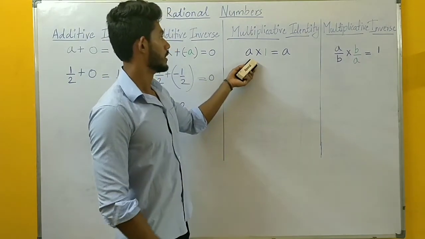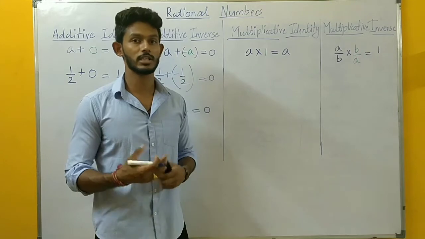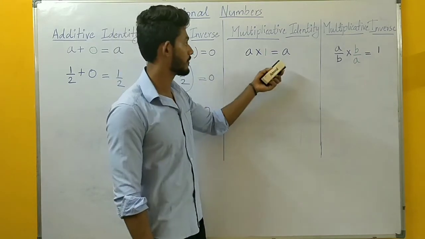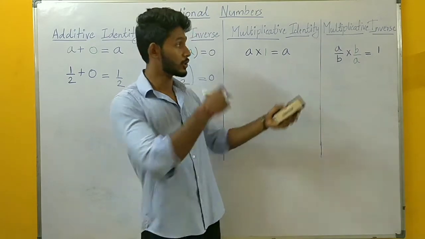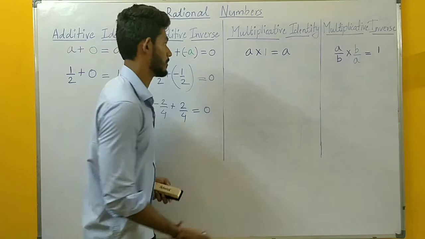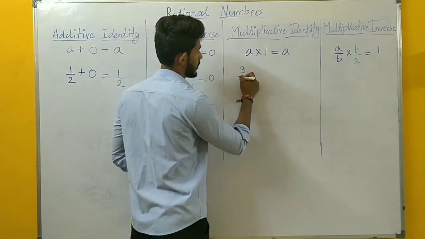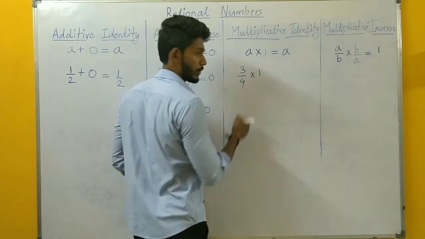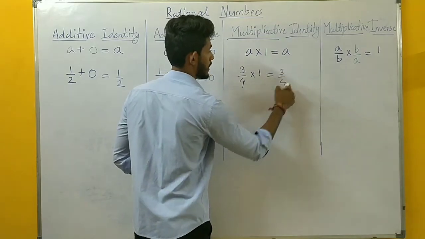Now, multiplicative identity. We have done multiplication with 1. If we multiply any particular number with 1, we get that number only. The same thing holds for rational numbers. Taking the rational number to be 3 upon 4, when I multiply 1 to it, I get 3 upon 4 only.